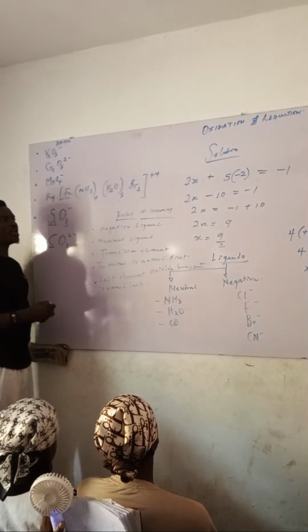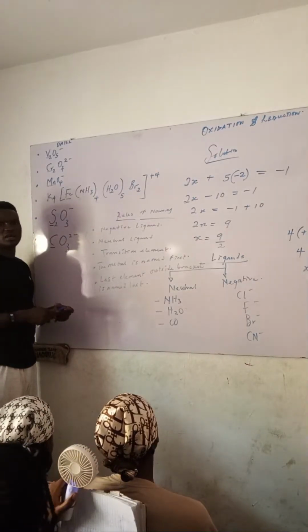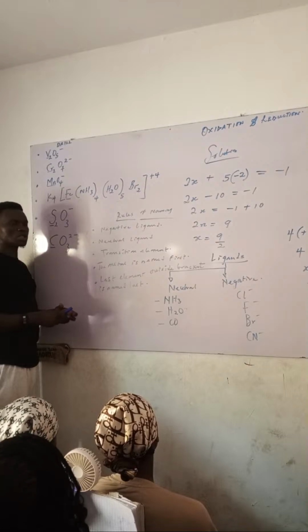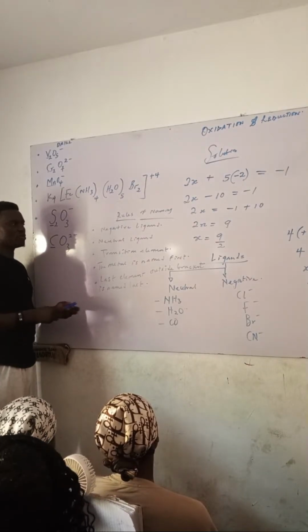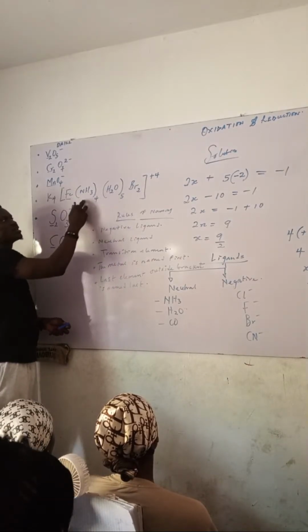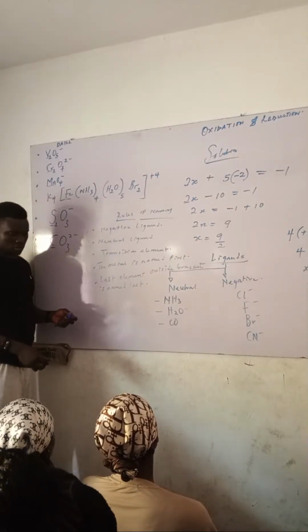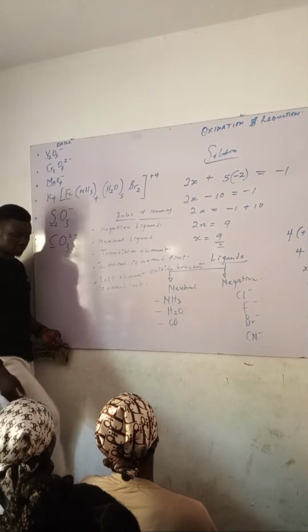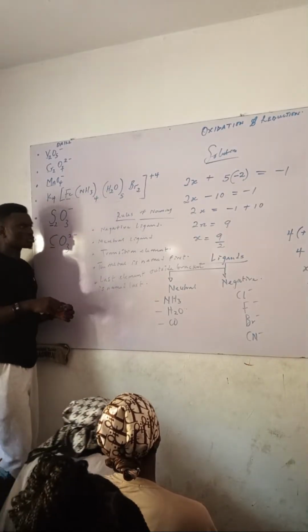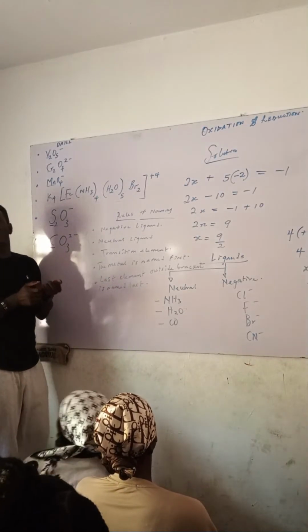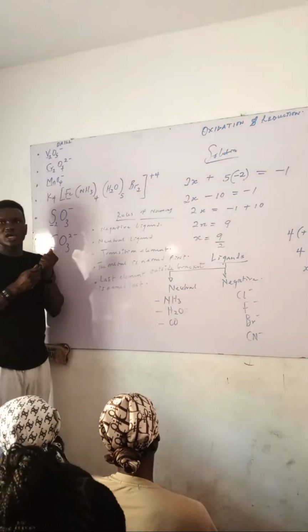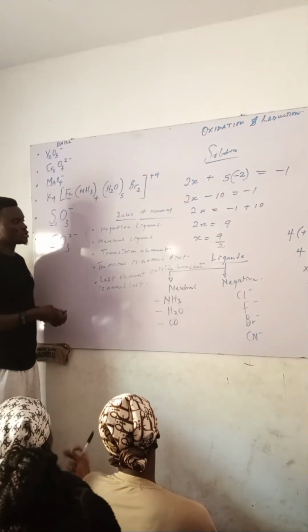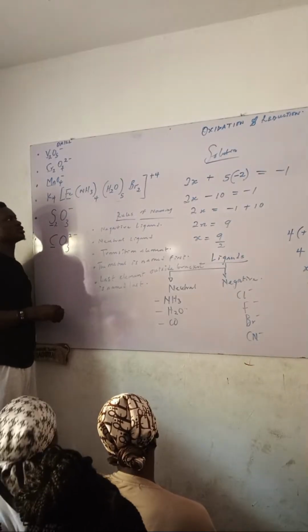So we have the negative ligand when you are naming, followed by the neutral ligand, followed by the transition element. Now if your neutral ligand is more than 1, like what we have here, we arrange them in alphabetical order when naming them. So what do we have in this case?